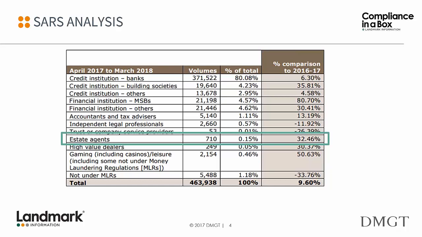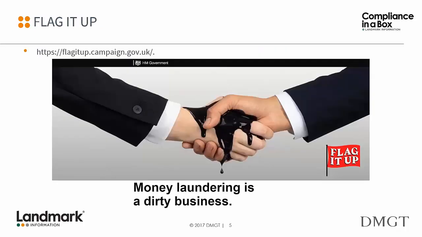And it's still less than 1% even if you include solicitors. Against the context of around 1.2 million transactions in the same period, you can see why HMRC are placing such a focus on property. You might have come across the government's latest AML awareness initiative, which is the Flag It Up campaign, and this highlights the legal and moral responsibility that those in the front line of the UK property market have to be vigilant to money laundering.